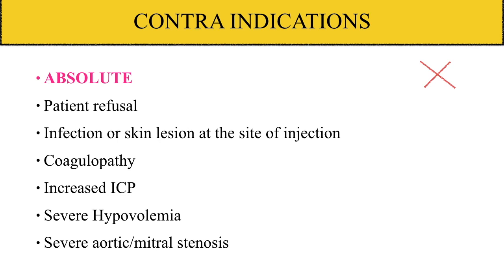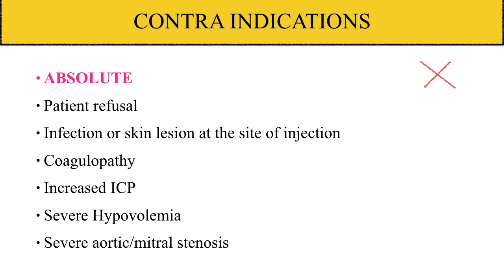Coagulopathy, any bleeding disorders. We are causing trauma on the meningeal layers, so we don't want any unnecessary bleed inside it. Then increased intracranial pressure, that is pressure in the brain, which means increased pressure in the CSF.